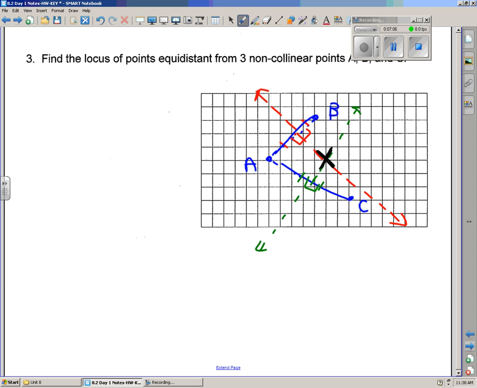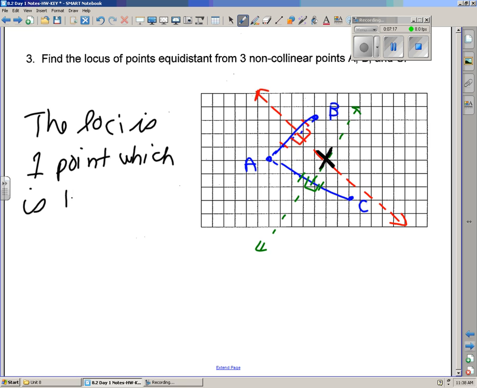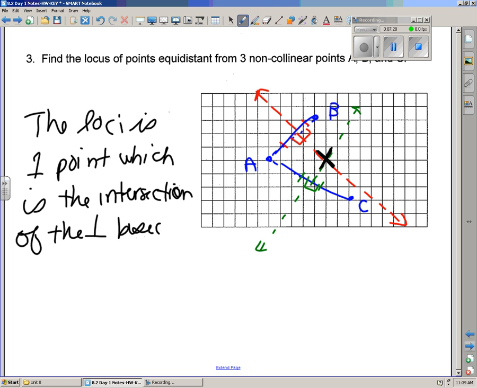So the locus is 1 point, which is the intersection of the perpendicular bisectors of AB and AC.